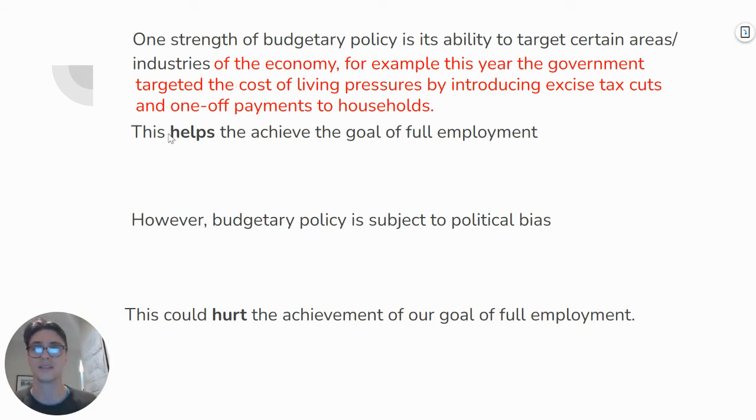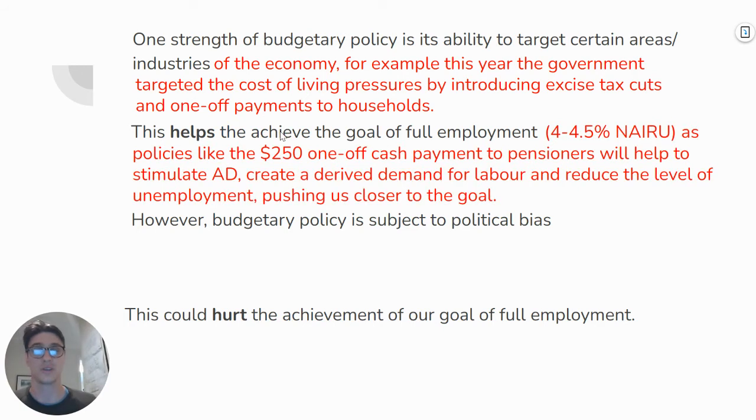All right, so we've said this helps the achievement of full employment. But why does this help the achievement of full employment? And really what we're doing here is making a very brief 1 mark explanation of how the budget works to increase AD and help us achieve full employment. So this helps us to achieve the goal of full employment.